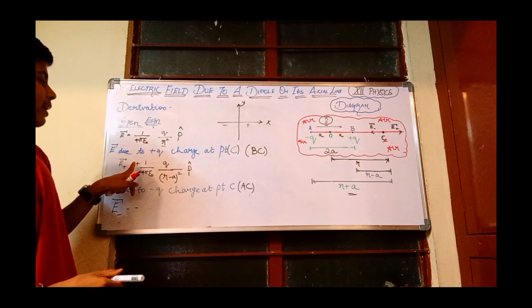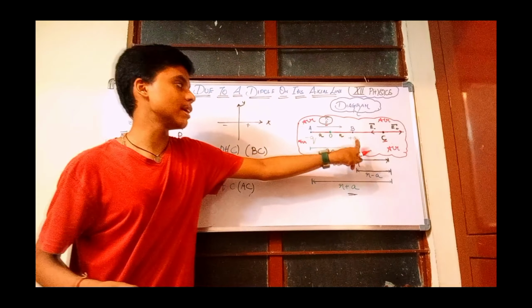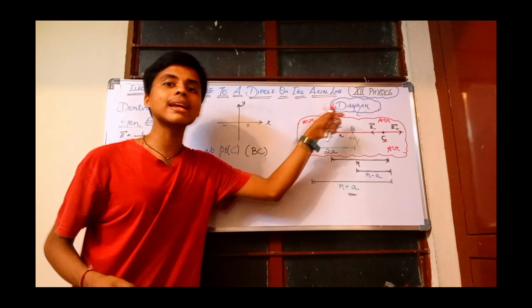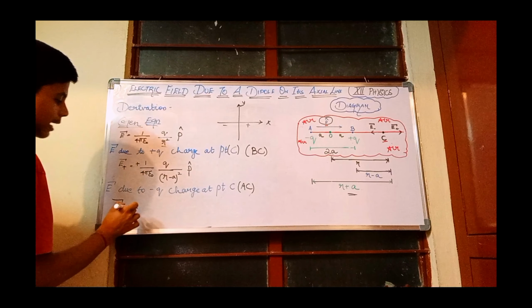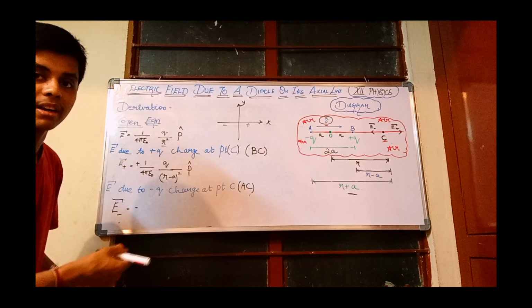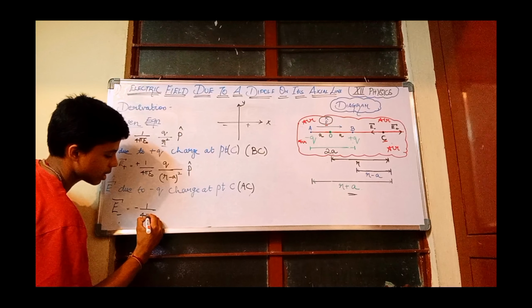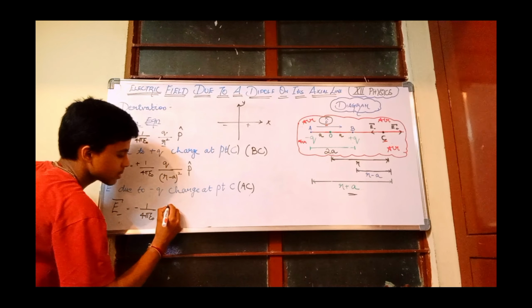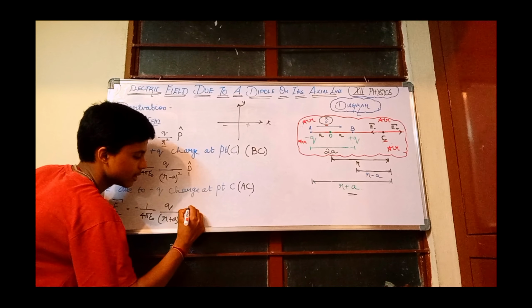And I told that I'll explain why I'm using positive symbol, because the electric field due to plus Q charge is going radially outward, which is in the positive direction. So I am using plus symbol, and here I am using minus symbol, since the electric field due to negative charge is inward. So E minus vector is equal to minus 1 by 4 pi epsilon naught Q by R plus A the whole square into P cap.